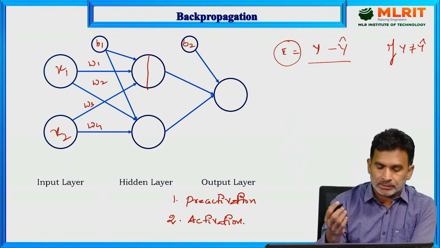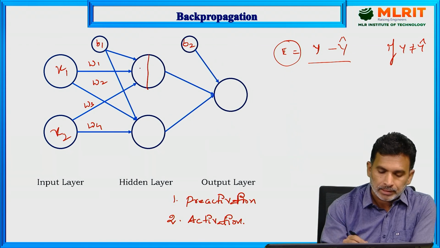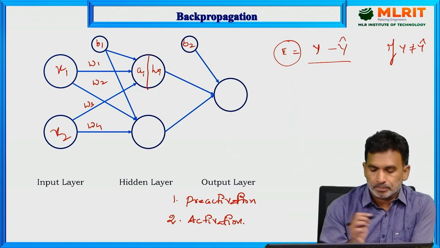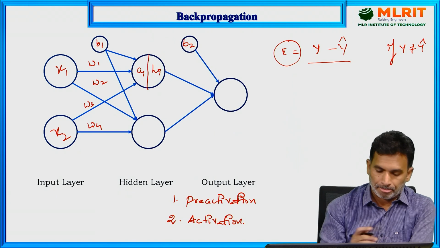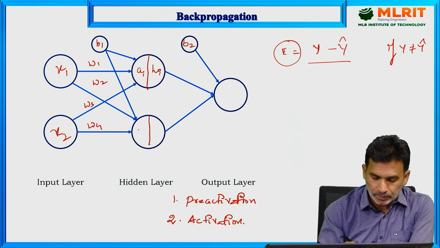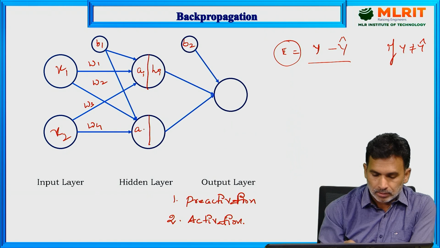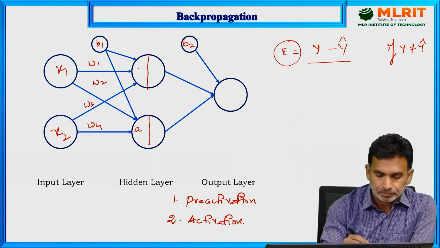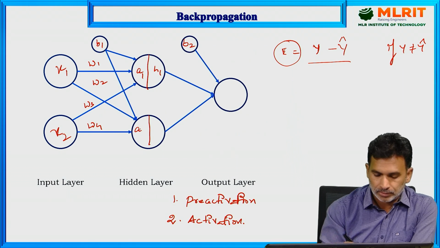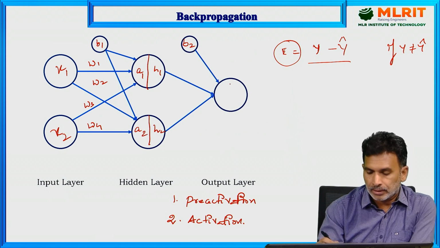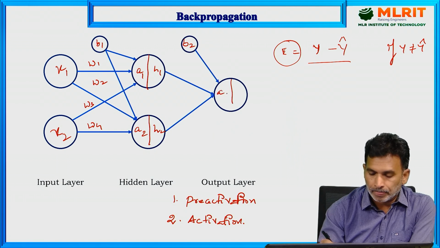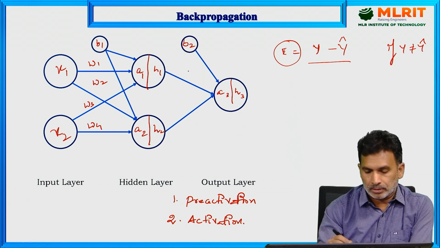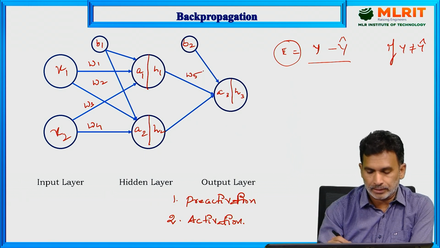Here, the pre-activation is represented as Ai, and the activation is represented as Hi. Similarly, let us label them H1, A1, H1, A2, H2, and this layer will also have activation and pre-activation, with W5 and W6.